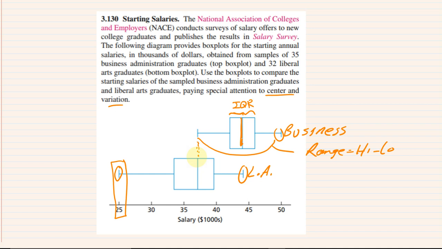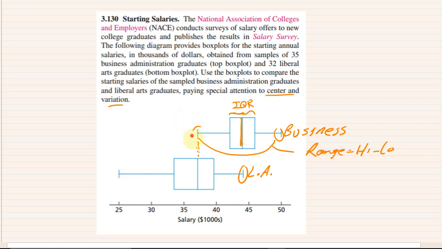That means from the get-go, a business major at entry level makes better than 50% of liberal arts majors. So the minimum is definitely lower for liberal arts. That's this number versus that number, much lower. We're looking at 25K versus about 37K, a difference of almost $12,000 a year. That's 50% more in favor of business.